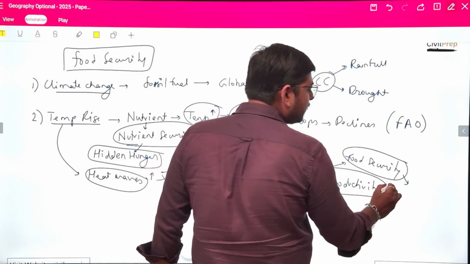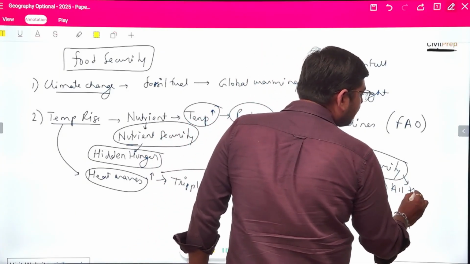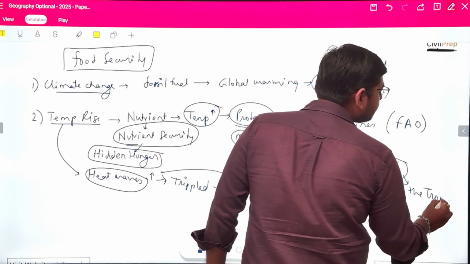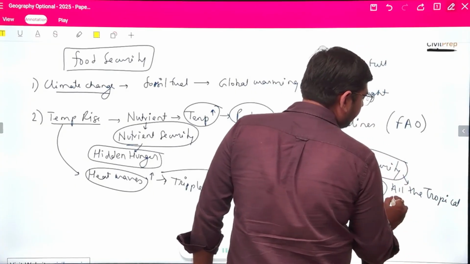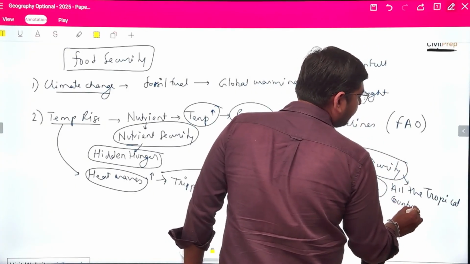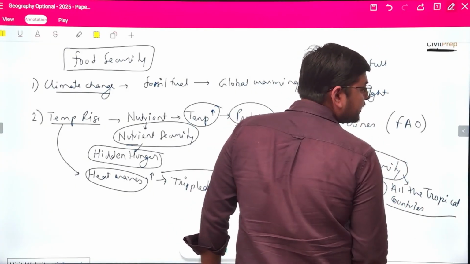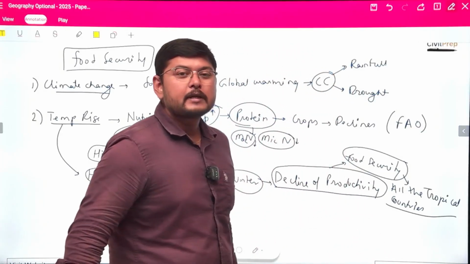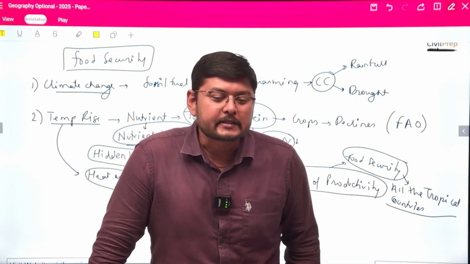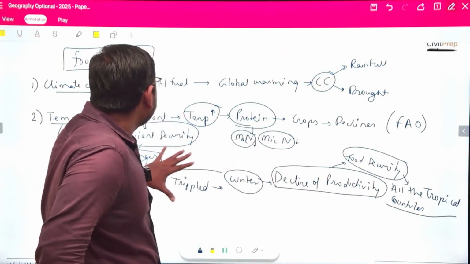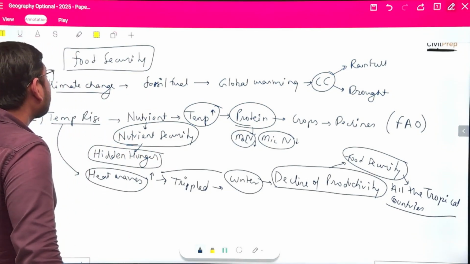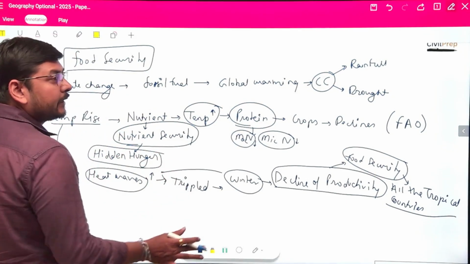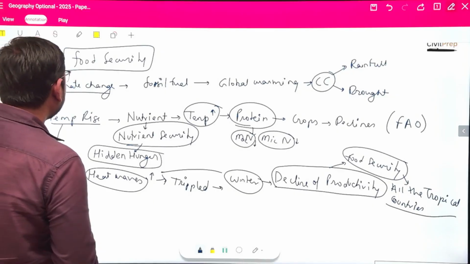We can see this in all the tropical countries, plus some countries of the temperate regions. These conditions are impacting the food security of the world, not only of a particular country.